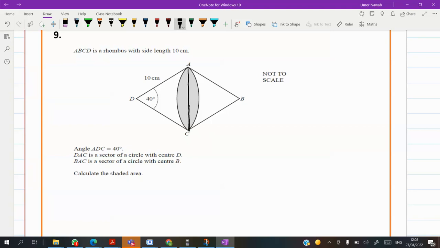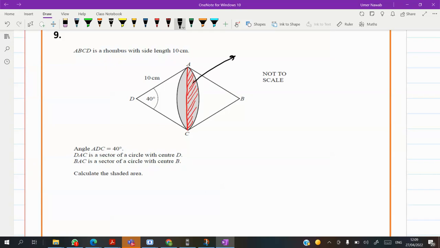How do we find the shaded portion? We will find this area first, or this area. Once we find this area, we will times it with 2 to get the shaded part. So how can I find this red shaded part? The idea is the same.